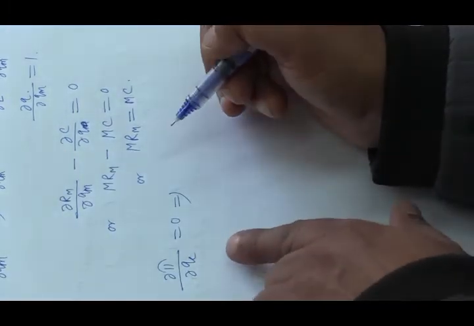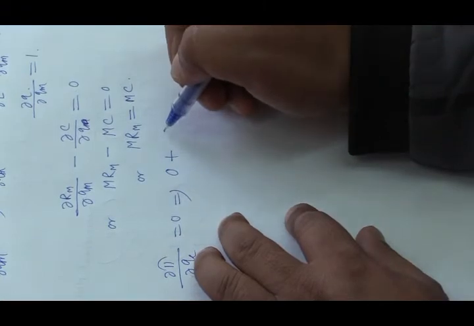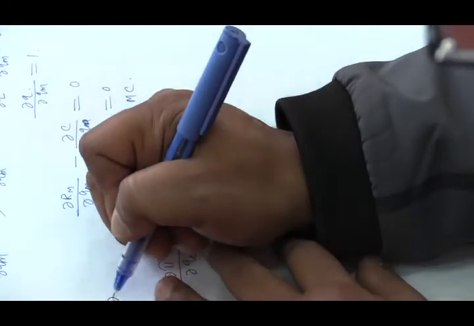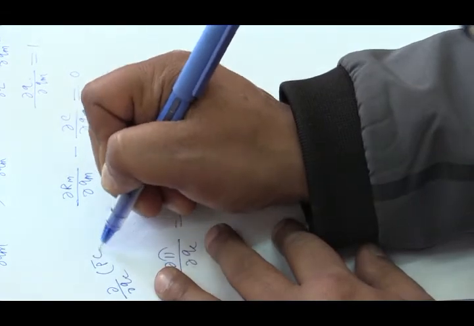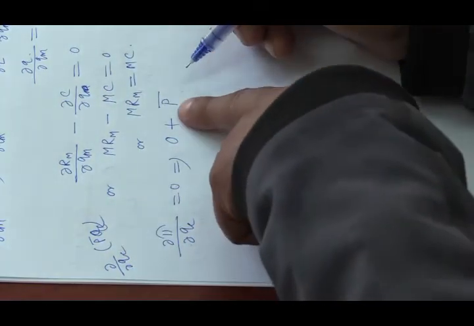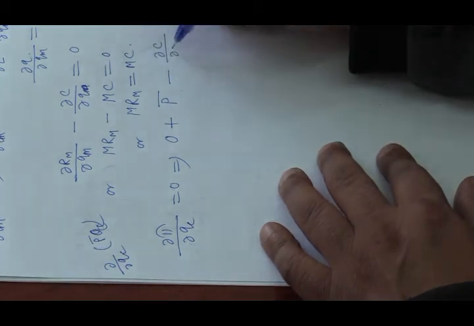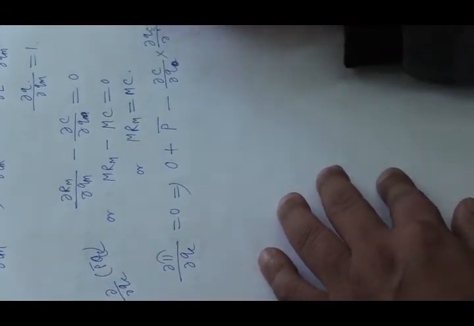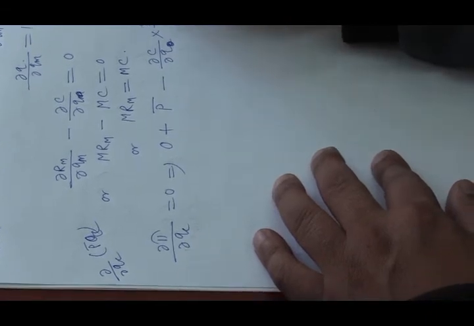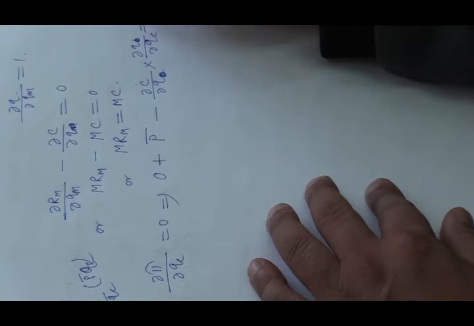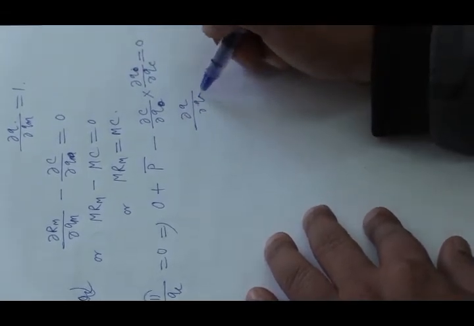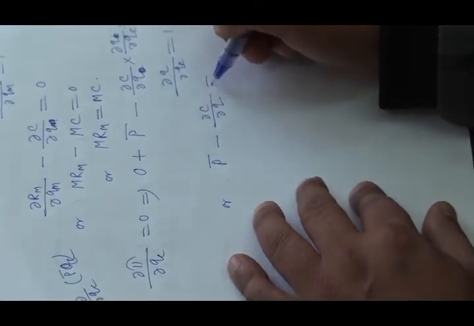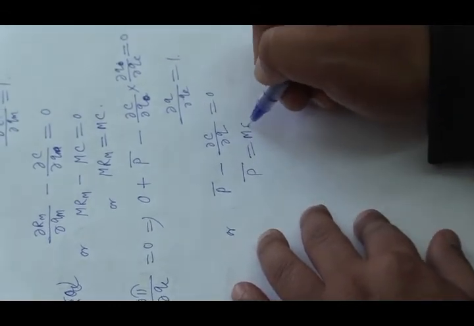If RM is differentiated with respect to QC, the value will be 0, plus the differentiation of P bar QC with respect to QC, which is P bar, minus del C by del Q into del Q by del QC equals 0. Since del Q by del QC equals 1, we can write P bar minus del C by del Q equals 0, or P bar equals marginal cost.